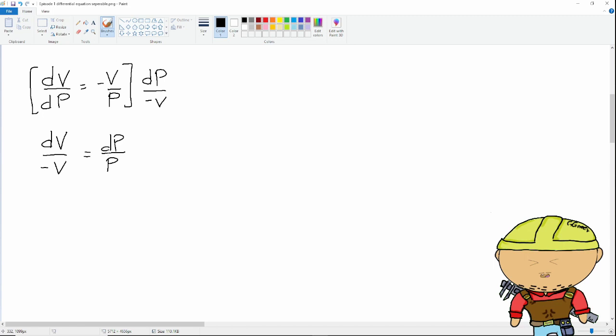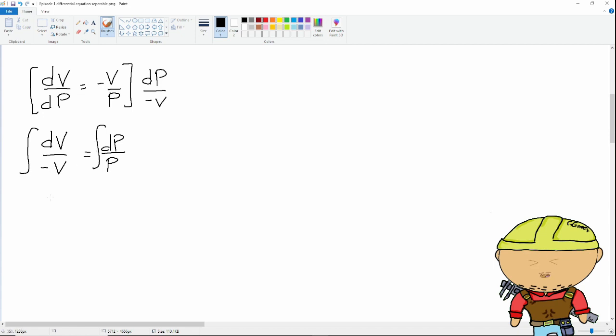Now that they are separated, as the name itself says, variable separable equations, we can integrate each variable separately.